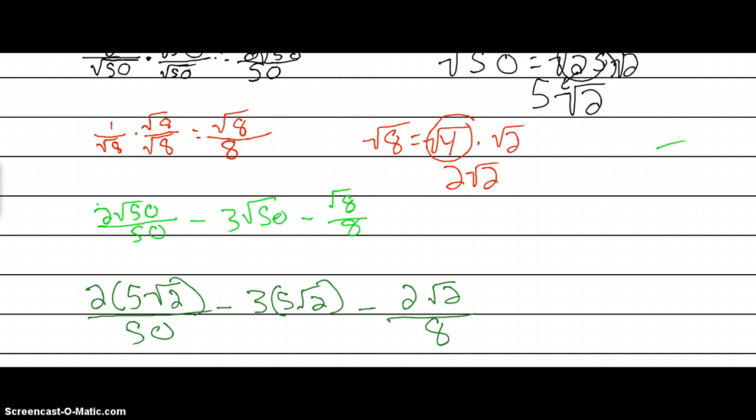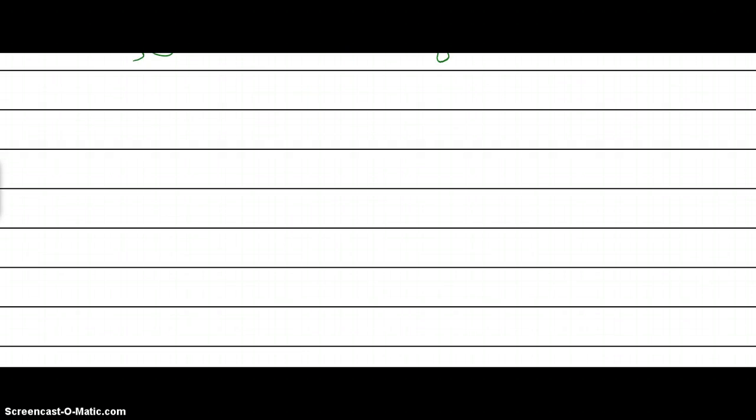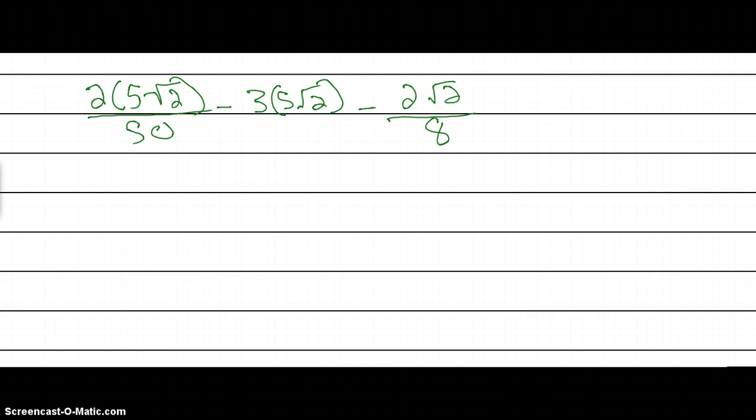So again, we're just going to keep simplifying this. 2 times 5 is 10. So this brings up 10 square root of 2. This is 15 square root of 2. Alright, so we have a 10 and a 50.